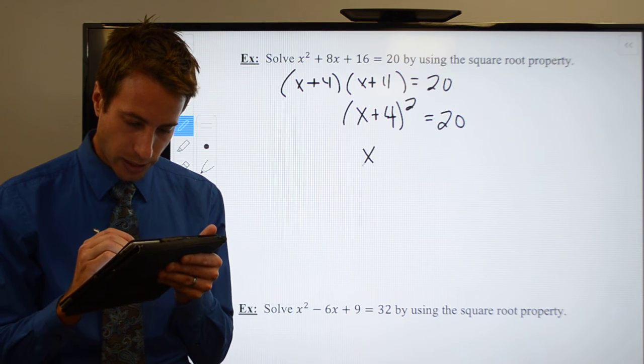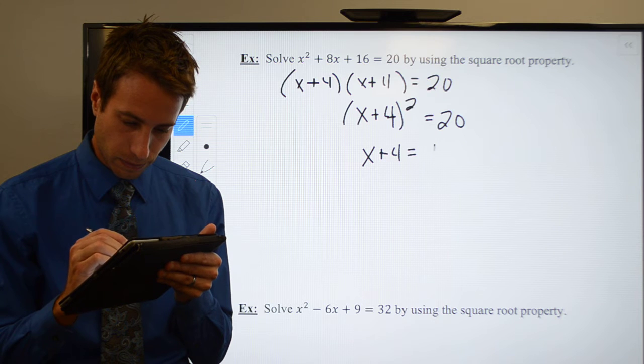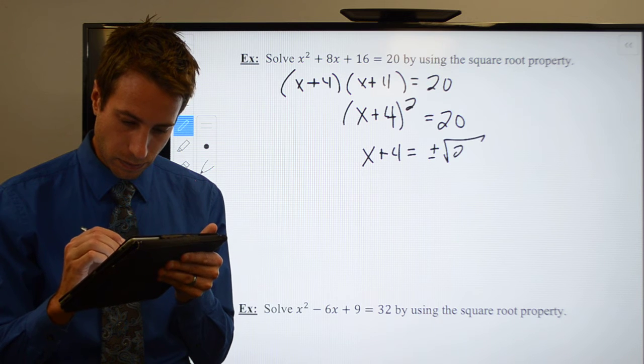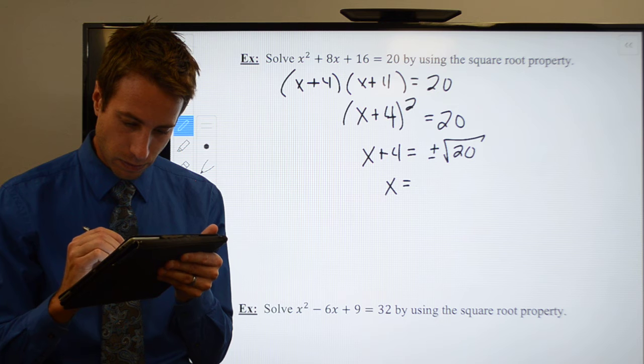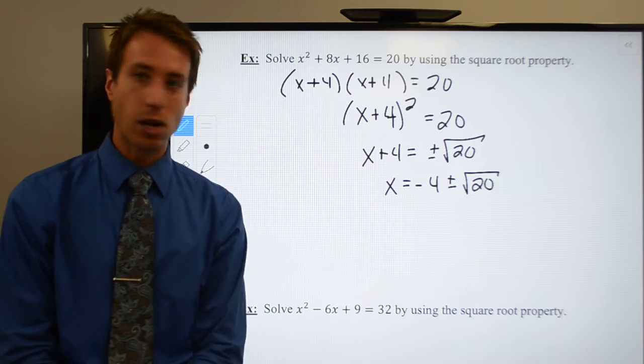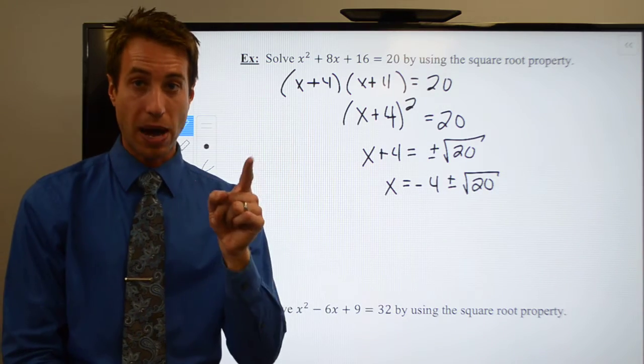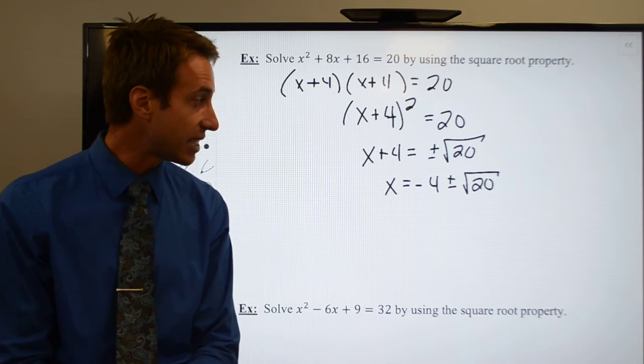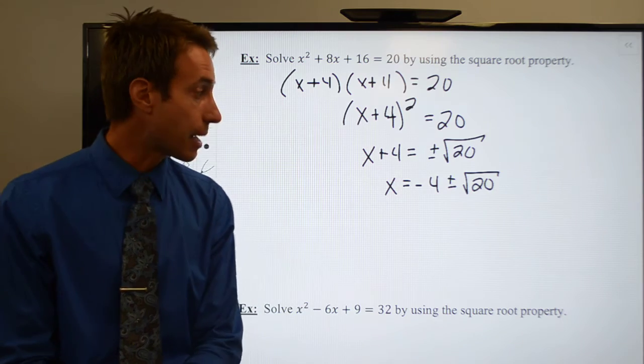Take the square root of both sides. Okay, 20 is not a perfect square, but I can factor 20 into something that is a perfect square.